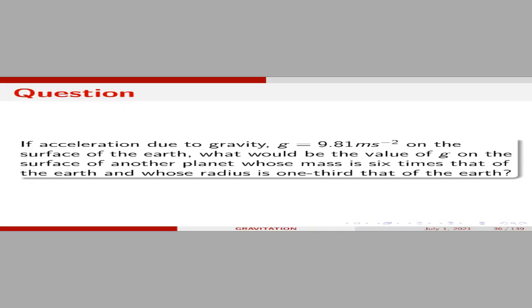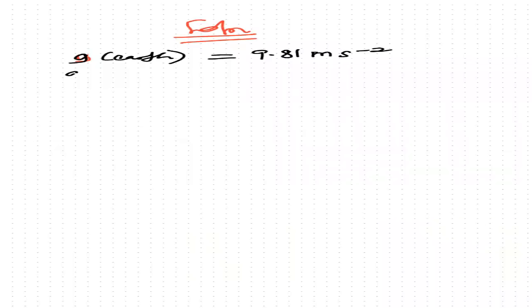We've also been asked what would be the value of G on the surface of another planet. So let's call it GS, for another planet, is what we are looking for, right?